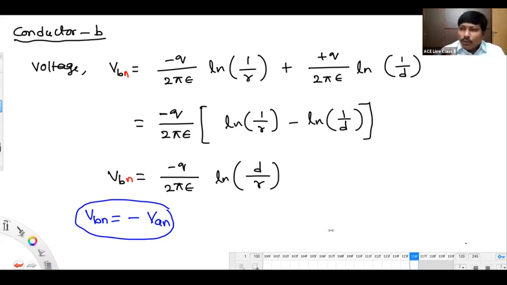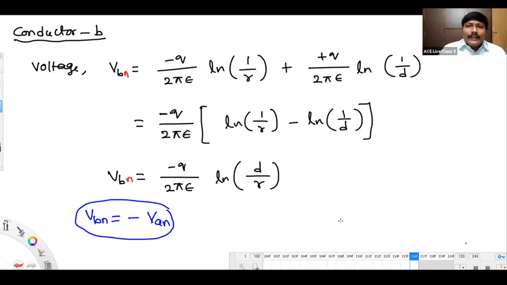You are applying voltage, and based on that, the charge gets created. How much charge gets created depends upon the dimensions and material of the body you are taking.